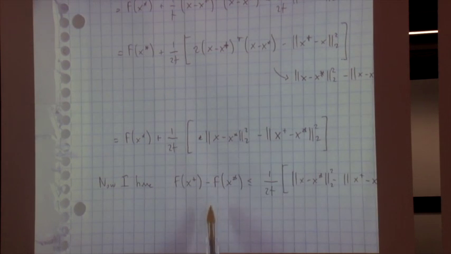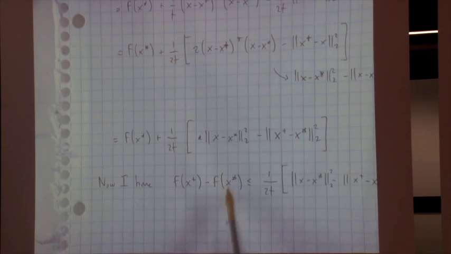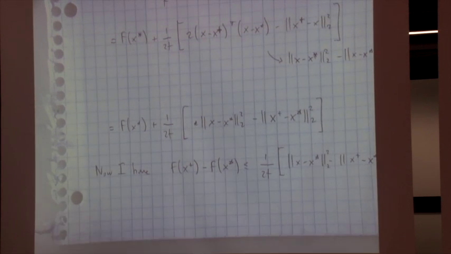So this is the bound for each iteration, right? This is involving the new point x plus minus the optimal point x star. So I can now sum over the iterations and bound the sum of these differences.